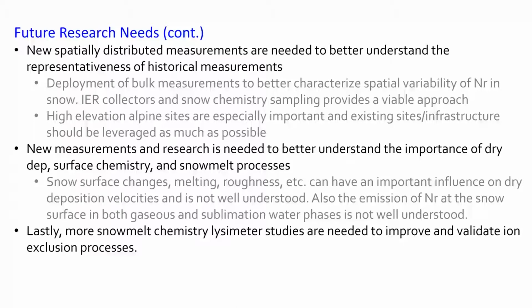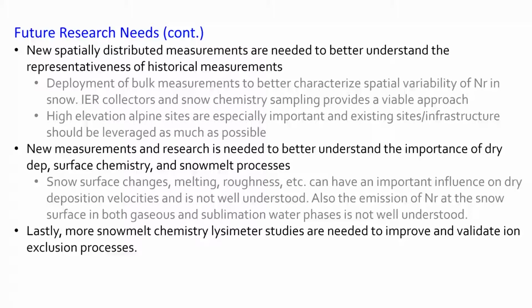deposition modeling realm. Another really important uncertainty is sublimation, which is essentially analogous to evaporation, where it's directly snow to vapor or vapor to snow. And how that sublimation process influences ion concentrations is a big uncertainty, and sublimation in places like Colorado, for instance, is a large component of the water budget.